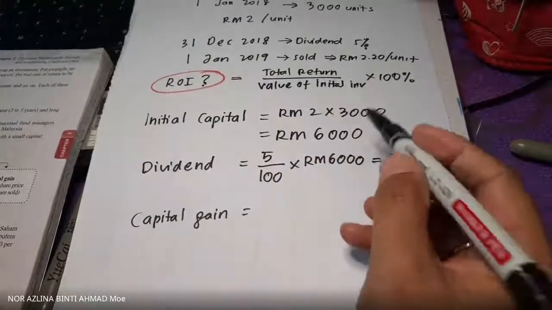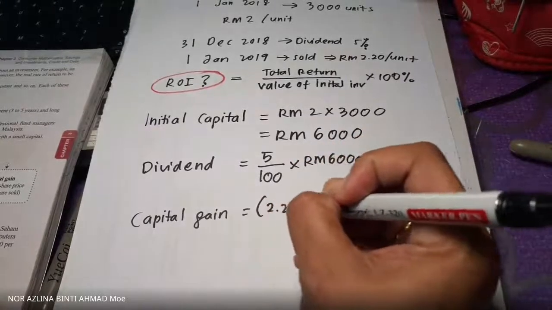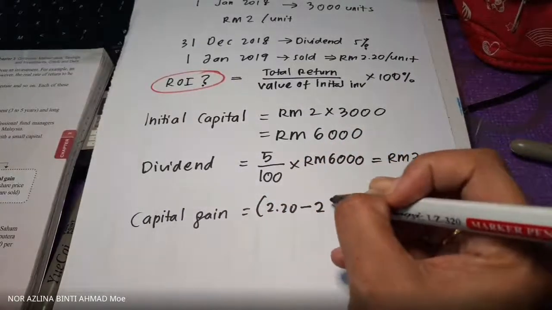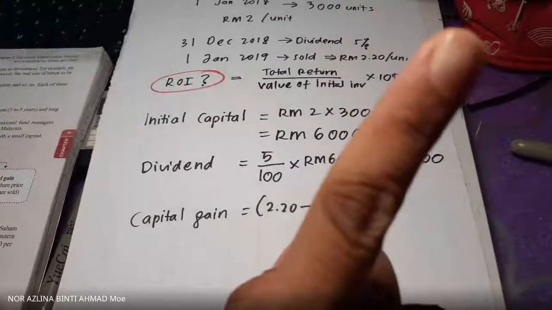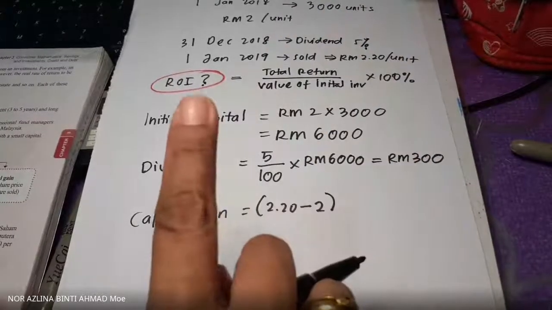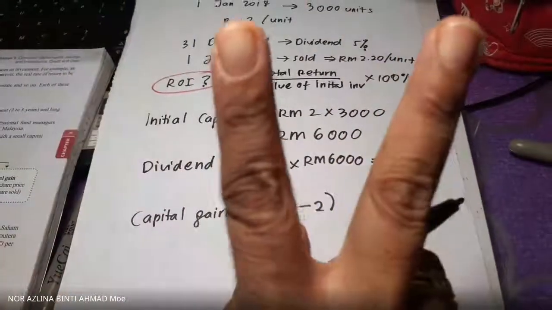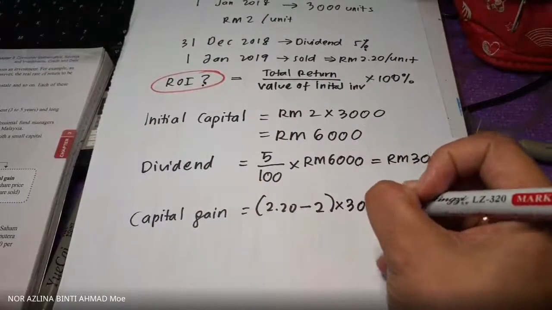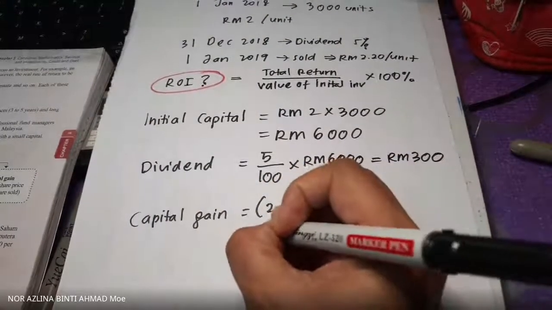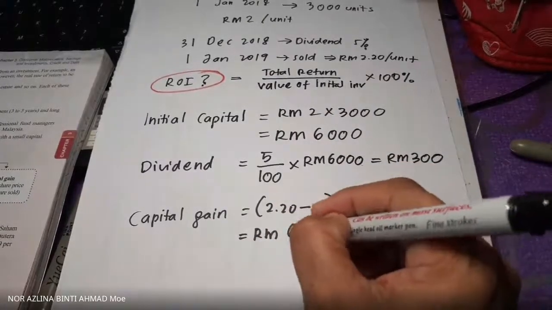So daripada RM2.20, RM2.20 tolak dengan RM2, maknanya dia dah ada untung 20 sen untuk satu unit. Tadi RM2. Lepas tu dia jual harga RM2.20. So dia dah untung 20 sen untuk satu unit. Dia ada sebanyak 3,000 unit. So berapa di sini dia dah untung sebenarnya? So ini sama dengan RM600.